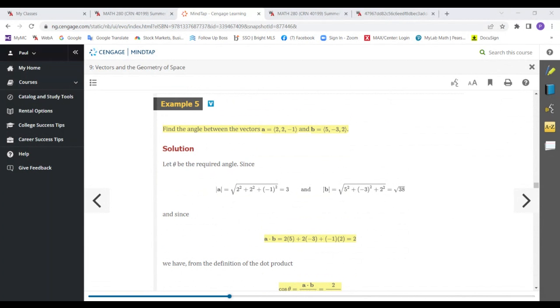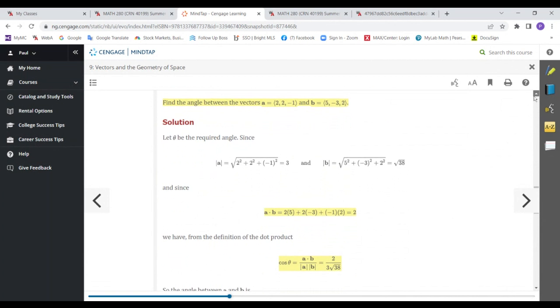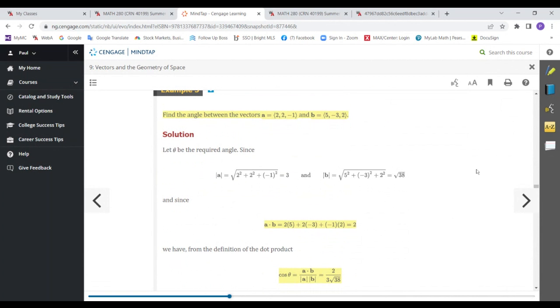Well, what you can do is this. You certainly can find the length of each of those vectors. And the dot product between A and B turns out to equal 2.